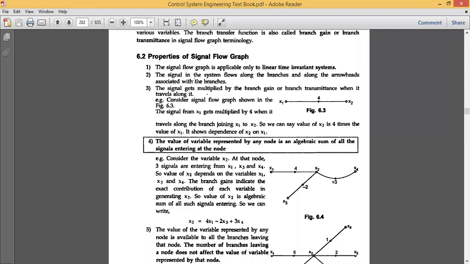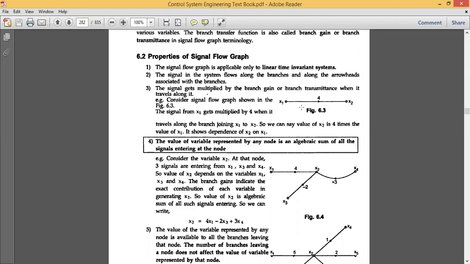The property says that when you apply a signal, it always flows along the branches. Here in figure 6.3 you have one node x1 and one node x2, and your signal is flowing from x1 to x2. How do we know? Just see the arrow mark. The direction of the arrow is towards x2, that is, along the arrowheads.